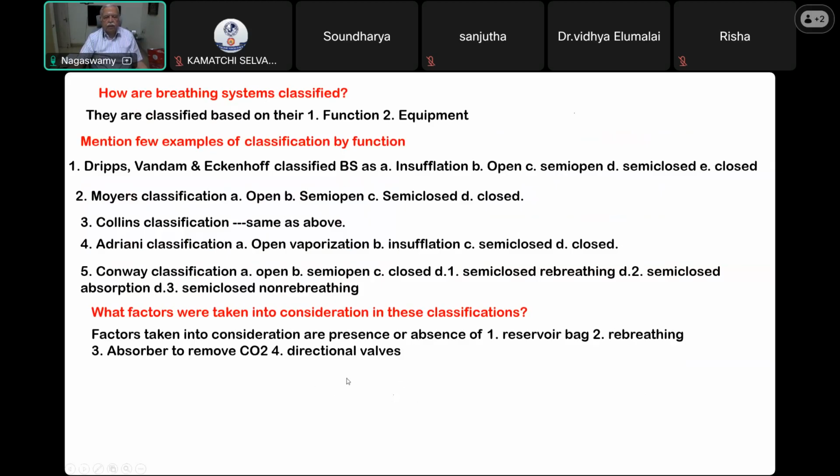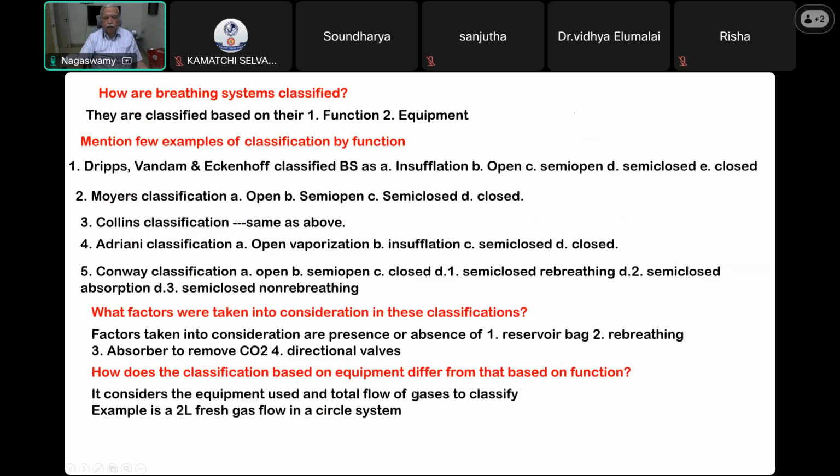Whereas construction wise, which circuit or breathing system doesn't have a reservoir bag? ASTPs, okay? Whereas all others mostly have a reservoir bag. And how does the classification based on equipment differ from function? It considers the equipment used for total gas flow.